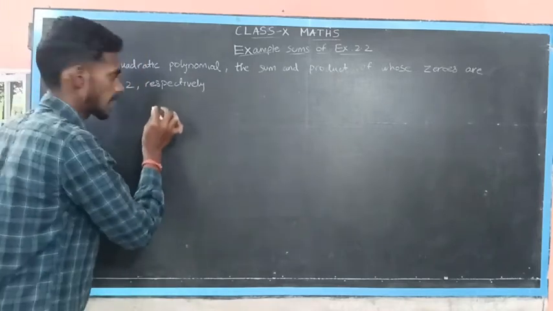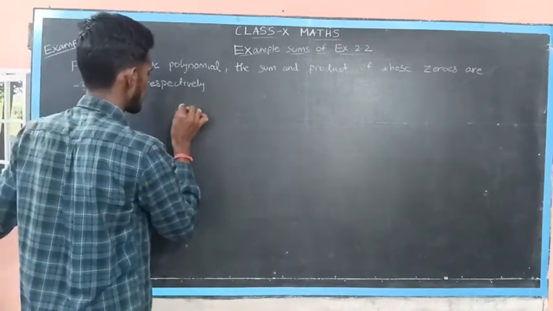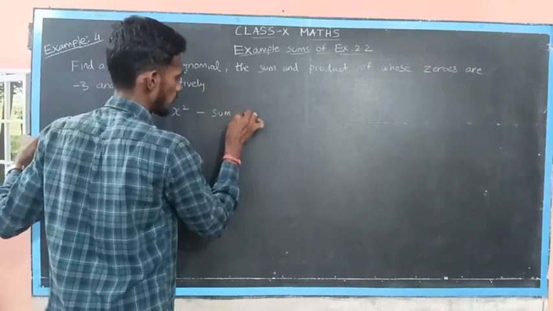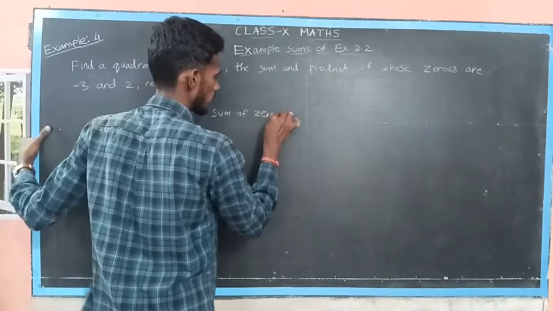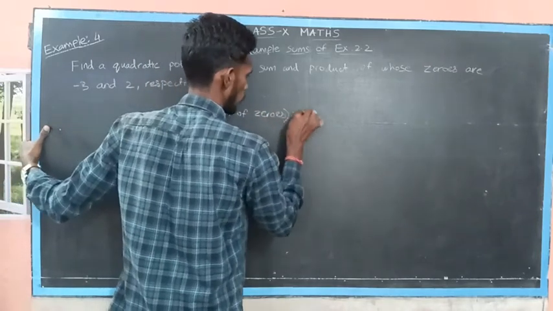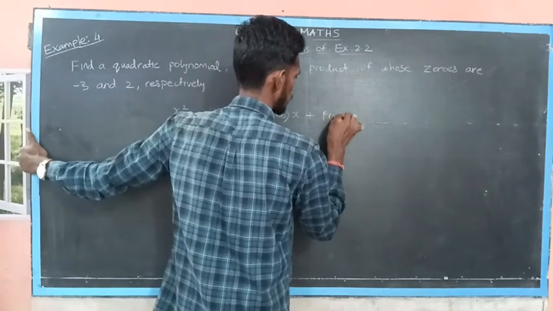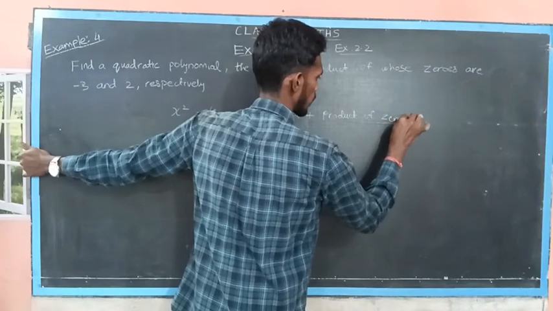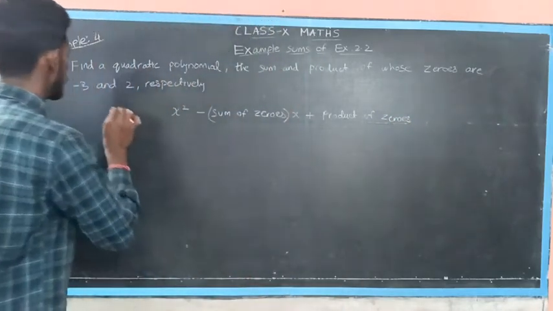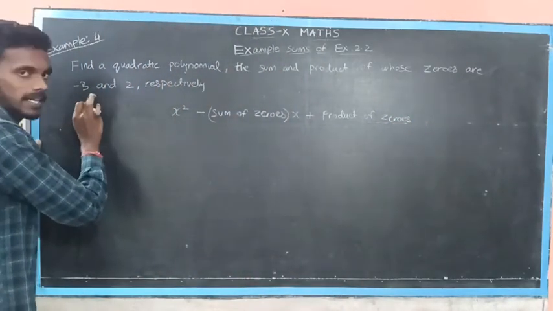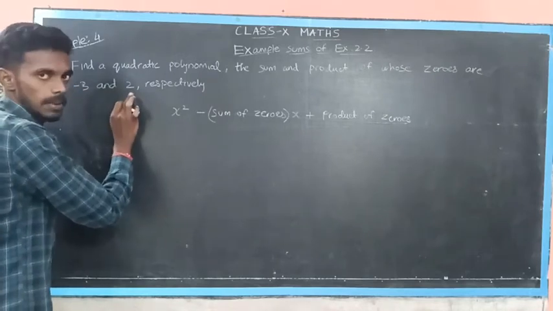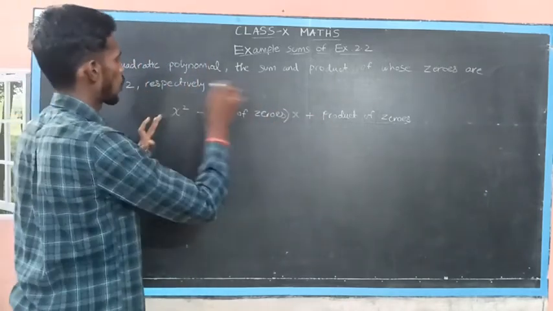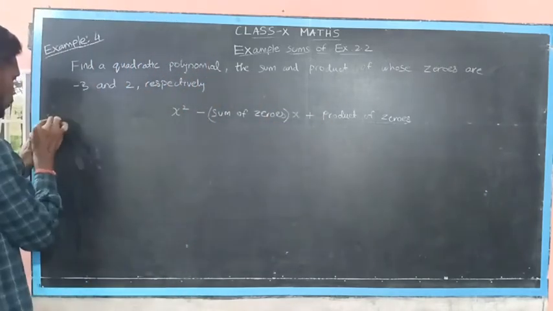So, for solving this type of problems, we have a separate formula, that is x square minus sum of zeros into x plus the product of zeros. Here they have given sum of zeros is minus 3 and the product of zeros is plus 2. We have to substitute these values in this formula to frame the quadratic polynomial. Let us move to the solution.